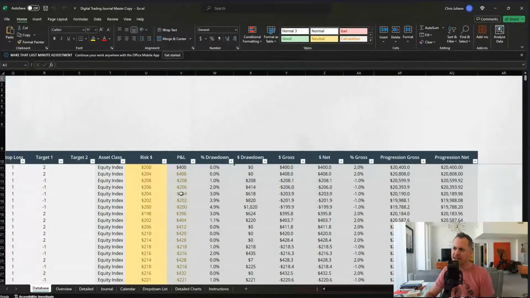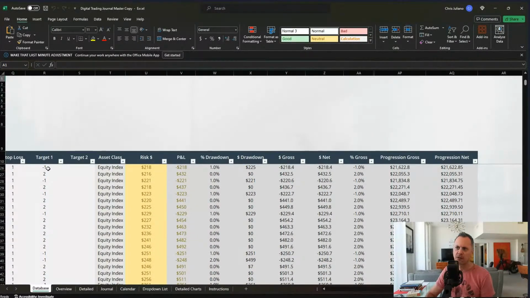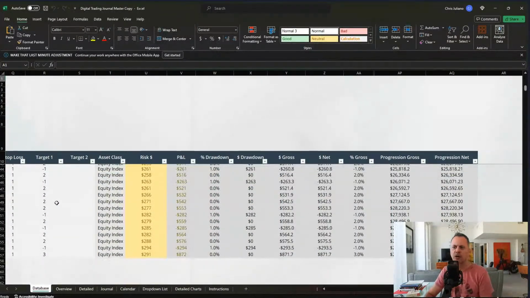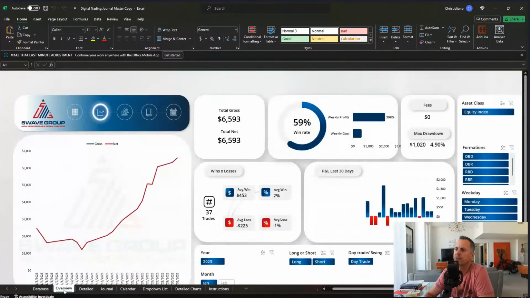This is 5 little scrapes on the knee. And then what happened? Big win, big win, big win, move back up, couple of small losses, but we kept increasing. See, here's the losses here, anything that's negative. This is only 2 to 1. Here we went 3 to 1, but this is all 2 to 1. Take a look on the overview.